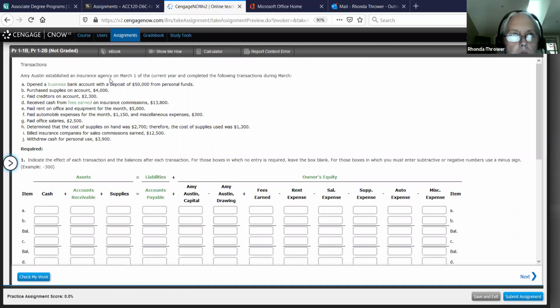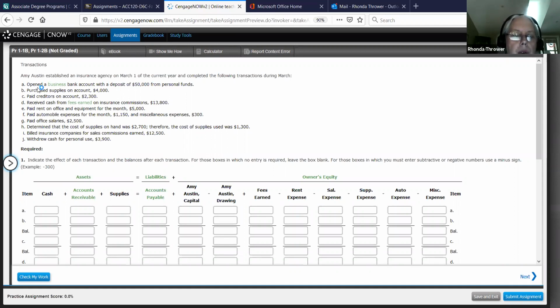That means we're going to start the business from scratch on March the 1st of the current year, and we're going to complete all the transactions for the period of time in March. So we're going to start from the beginning of March and go to the end of March.